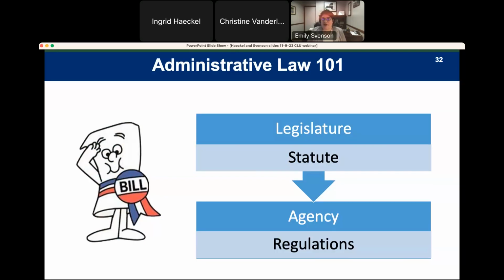They adopt laws, and then the laws are carried out by agencies, and agencies produce regulations and guidance and things like that to actually carry out those statutes. And then if there are issues or disputes, they may go to the courts. And so just keeping that framework in mind will explain some of the flux that's happening as far as federal and state wetland regulations.